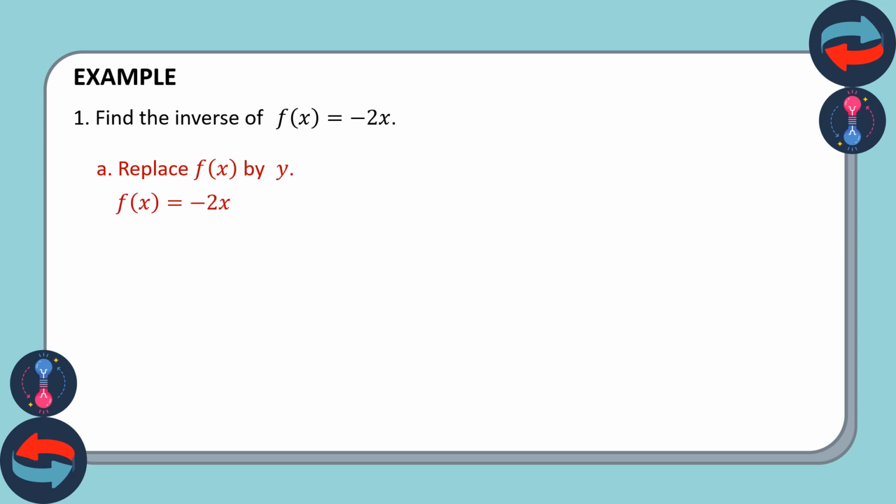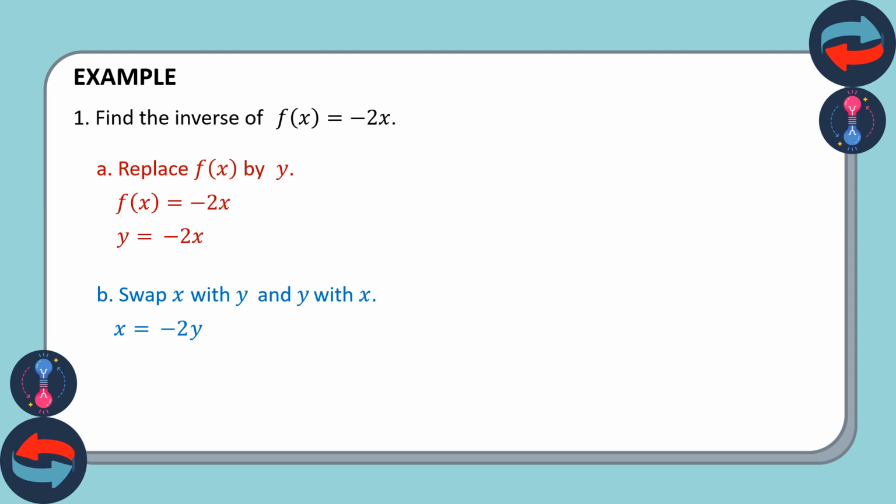So f of x equals -2x is now written as y equals -2x. Next step, we swap x with y and y with x. So x is now equal to -2y.